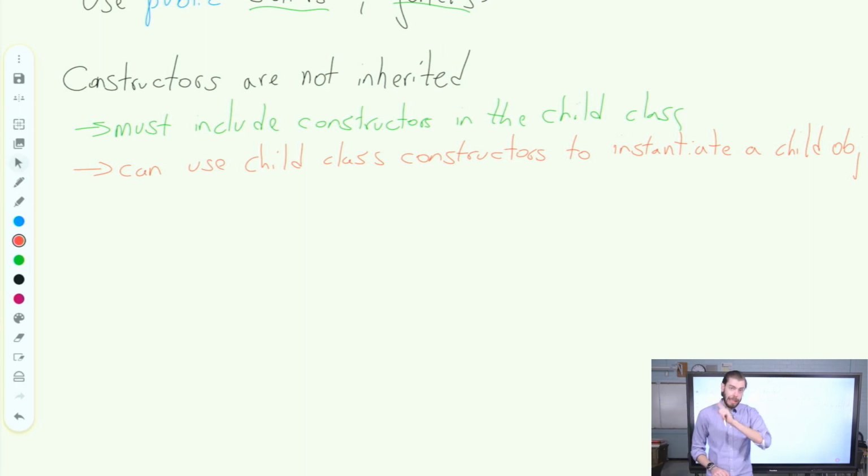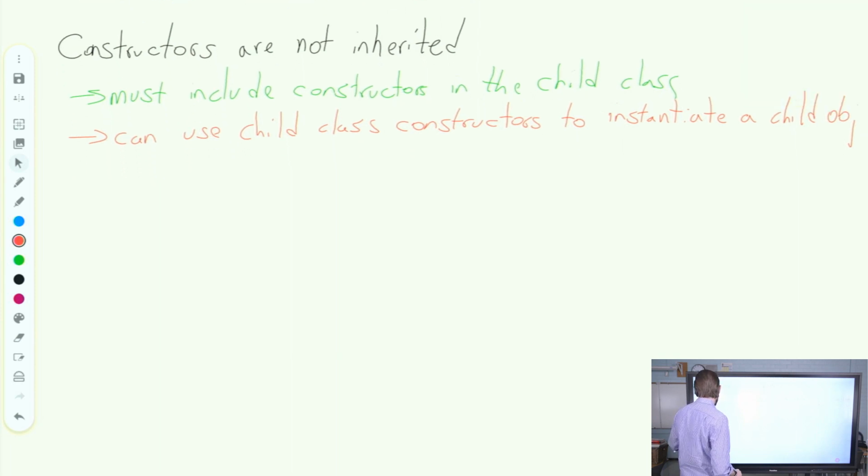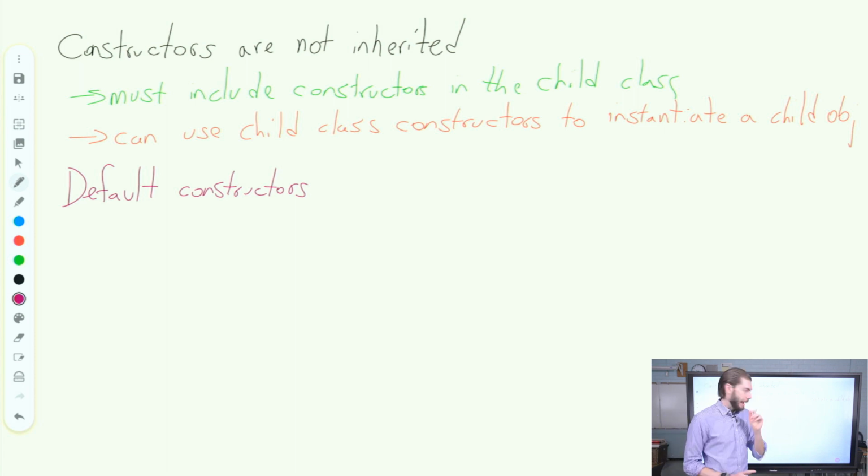There's another exception to this. The other exception is default constructors. So default constructors are the exception to the exception. If you do not declare any constructor within your child class, Java will automatically inherit just the default constructor.